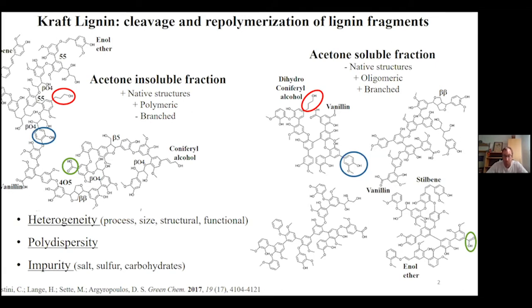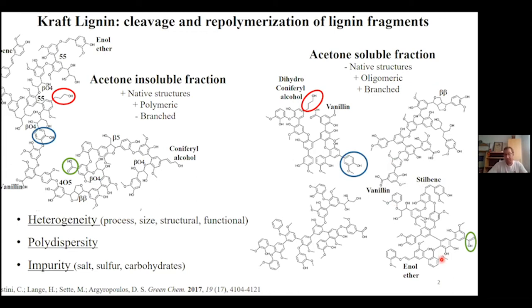This leads to structural heterogeneity, but also heterogeneity in terms of chemical functionality, as well as molecular weight and polydispersity. Here we can see, for example, that we have a lot of different functional groups, like carboxylic and aliphatic, and we also have different molecular weights.